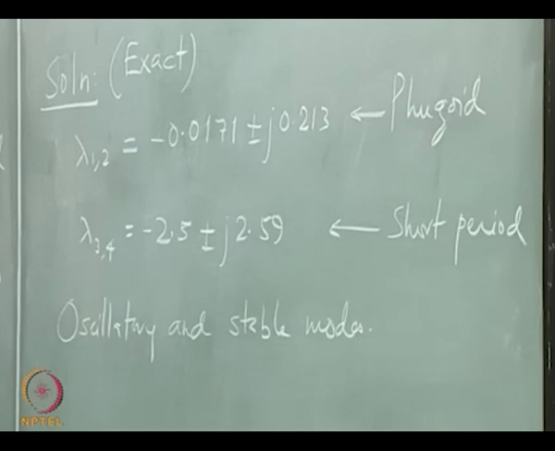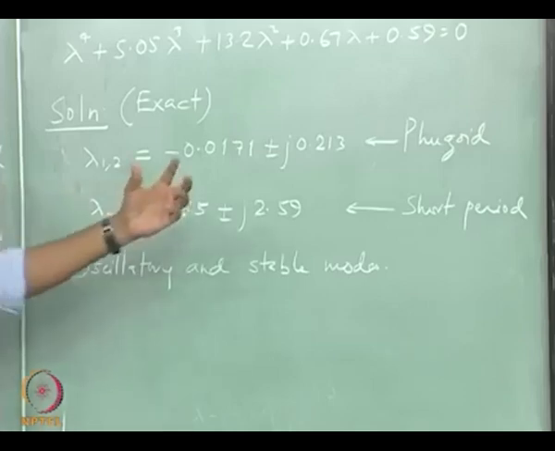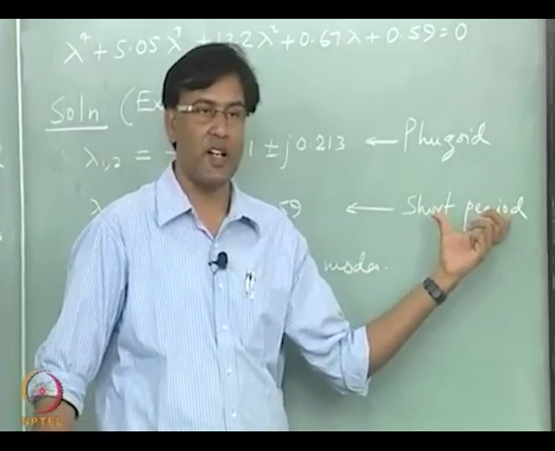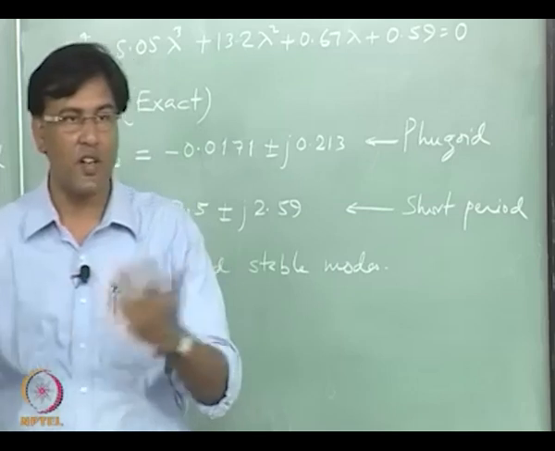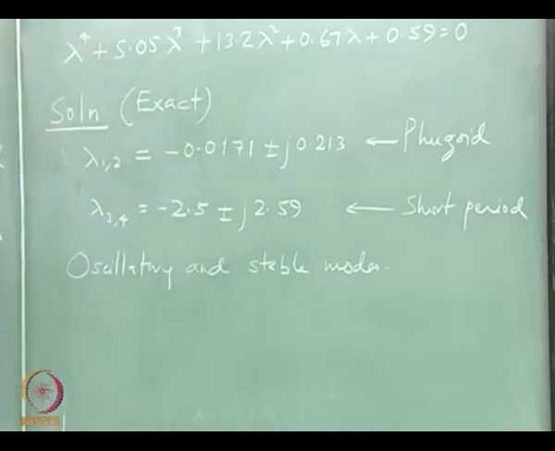So, let us try to see what is the other way of identifying that this set corresponds to phugoid and this to short period. The literal meaning of short period is short period, so frequency is high.